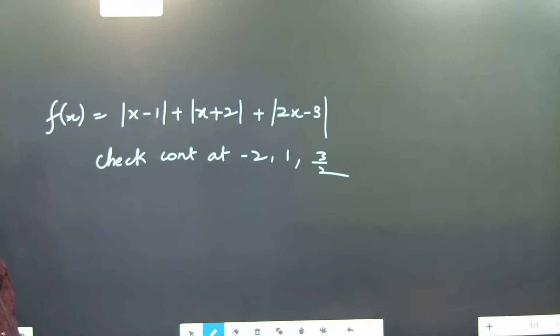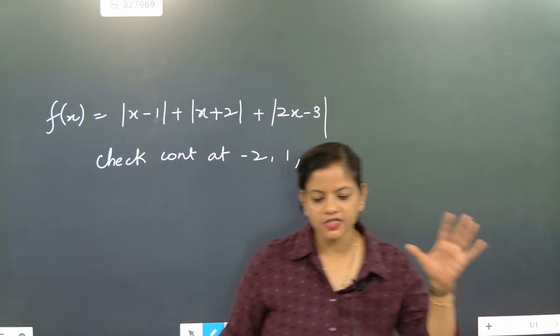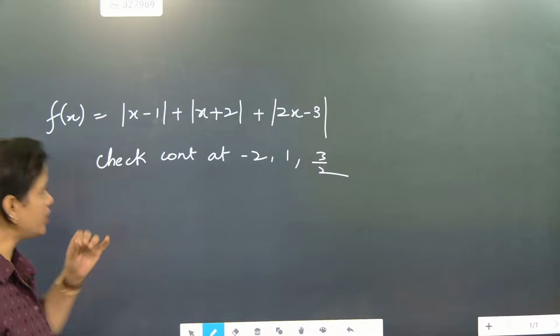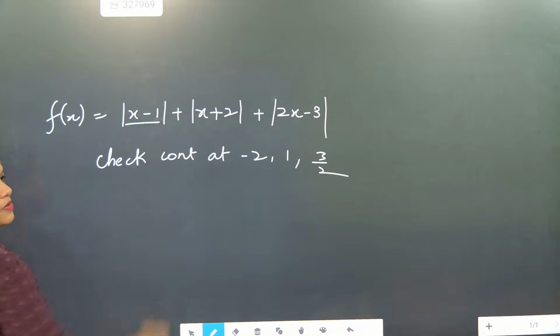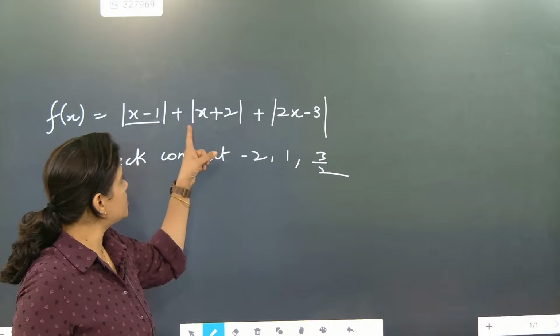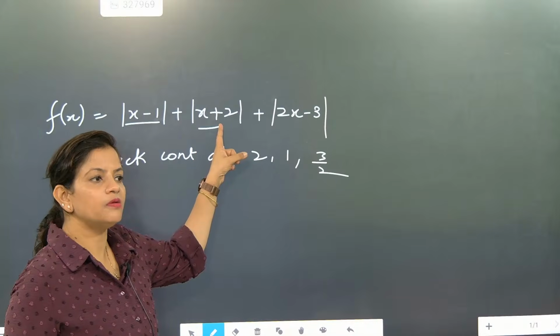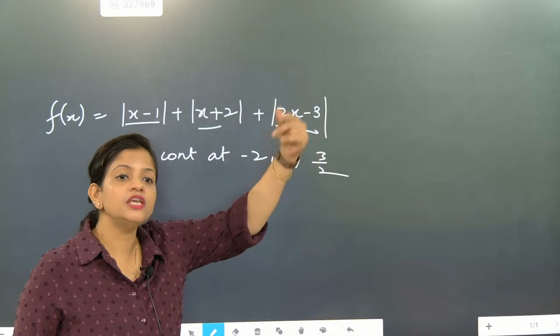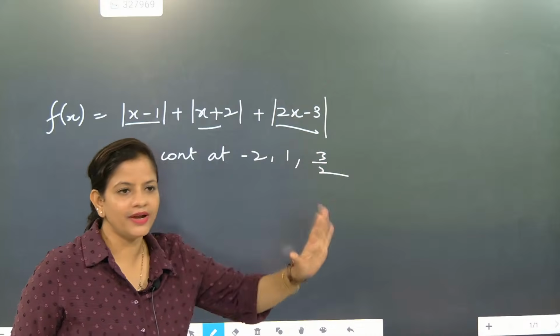So these are the 3 points where you have to check the continuity. First, how to draw that line now, that is most important. So first I'll teach you how to draw that line. Now look at it. This one, if you are making it equal to 0, what is coming? 1. This equal to 0, what value is coming? Minus 2. This you are making equal to 0, what value is coming? 3 by 2. Correct?